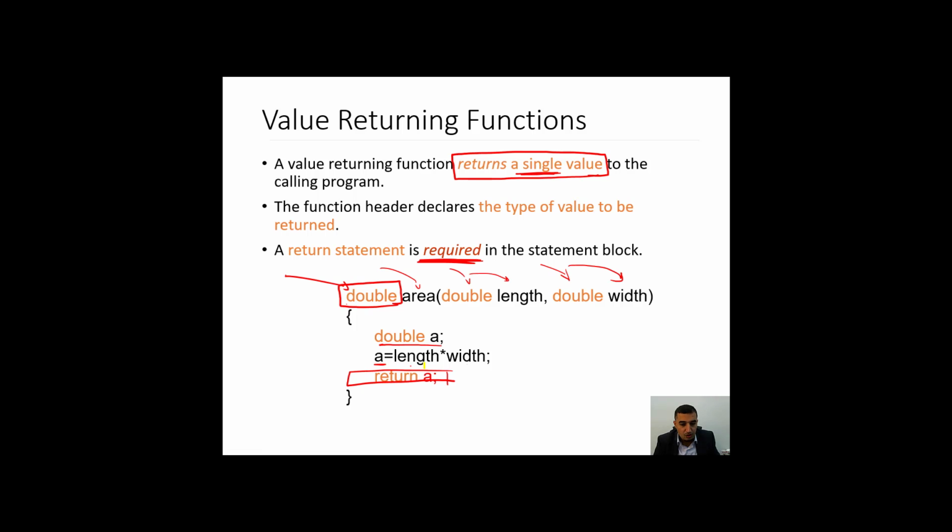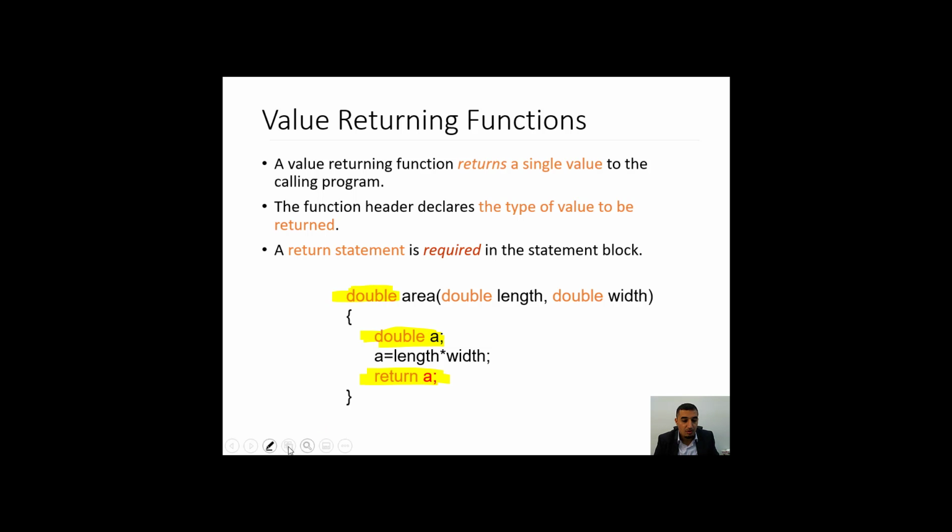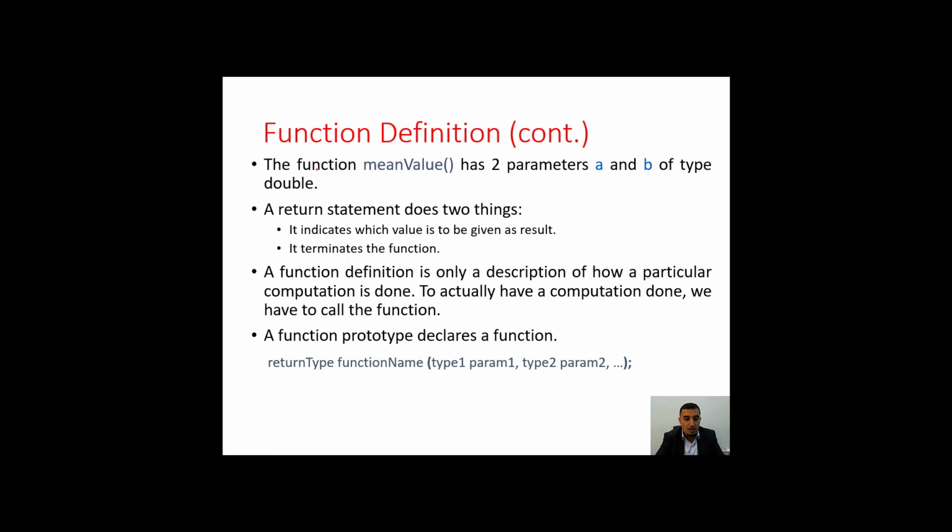Then we are going to return A. The returned value A should be of the same type as our double over here. The function mean value has two parameters, A and B of type double.